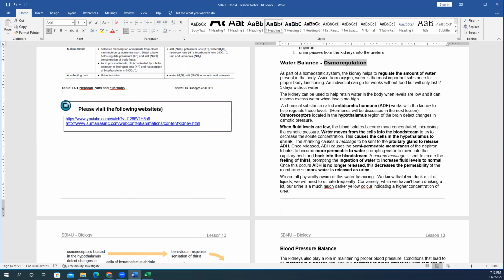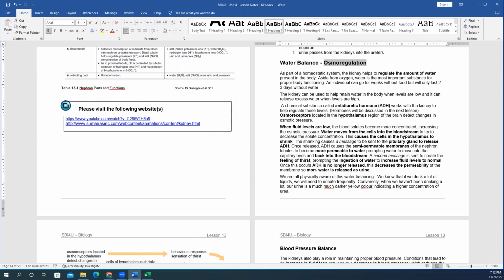And a second message is also sent to create the feeling of thirst in us, prompting us to go and have a drink of water to replenish our fluid levels back to normal conditions. Once we have had a drink and replenished our water levels, ADH is no longer required to be released because our water levels are back to normal.